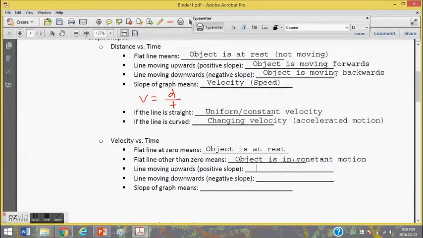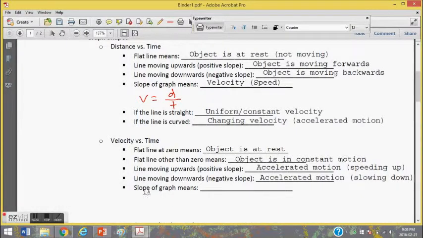Okay, if the line is moving upwards, we have a positive slope, we have accelerated motion. It's speeding up. If the line is moving downwards, we refer to this as accelerated motion, but in this case we would say in English that it's slowing down.